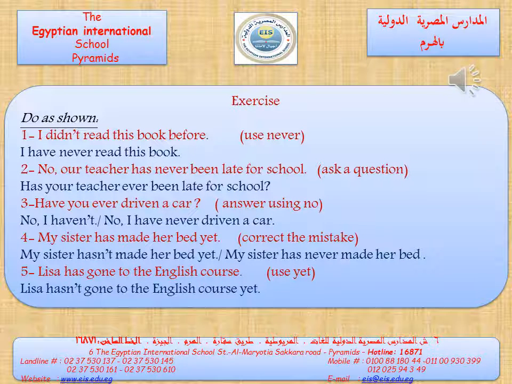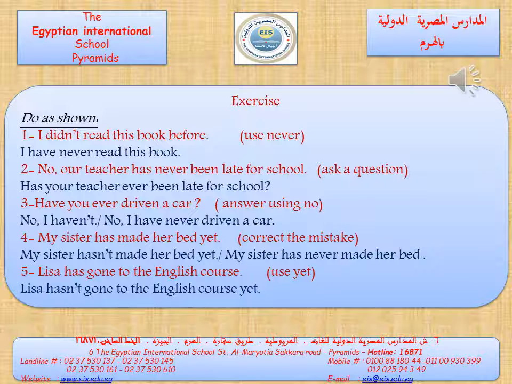After we finished the explanation and saw many examples and questions, let's answer this exercise together. Do as shown. Question number 1: "I didn't read this book before." Use "never". We said that "never" means that we didn't do an action at any time before.